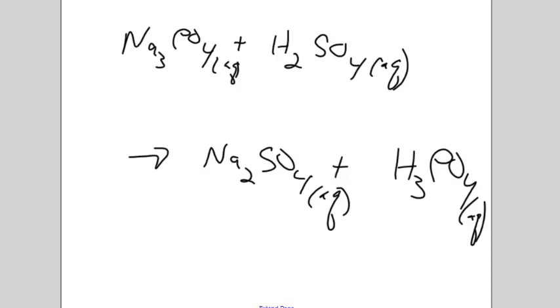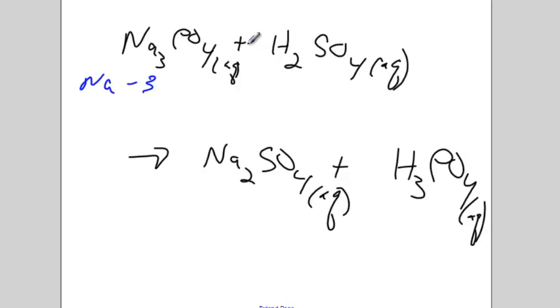Now it is easier when you are just beginning to lay out what you've got. Pretty soon you won't need to, but let's do it. I've got here 3 Na's. Now, note the polyatomic. You can treat it as one thing. You can keep it together because you'll notice it's staying together. I've got PO4 on the reactant side. I've got PO4 on the product side. So don't try to add all these different O's together.